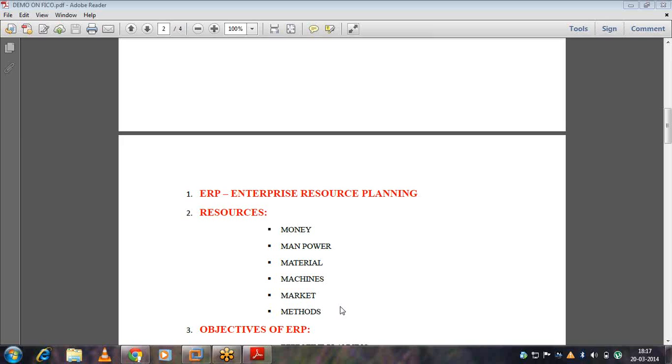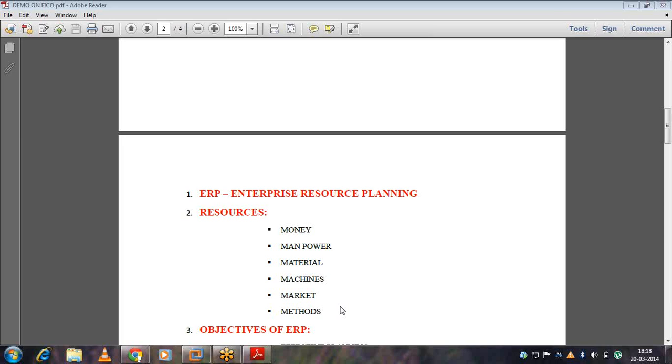The very reason behind that is ERP has been developed exclusively for effective planning. ERP will assist the organization and let the management know how to plan the resources effectively. So it will simplify the processing of planning of the resources.